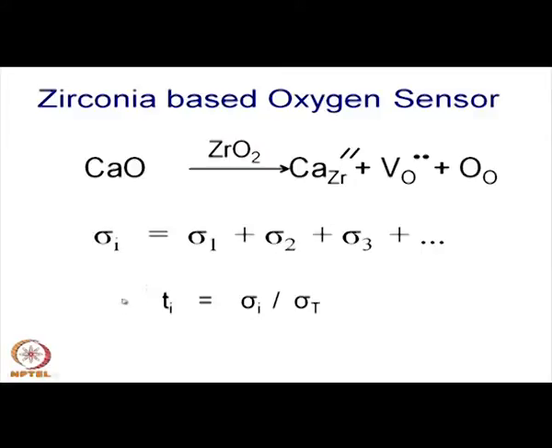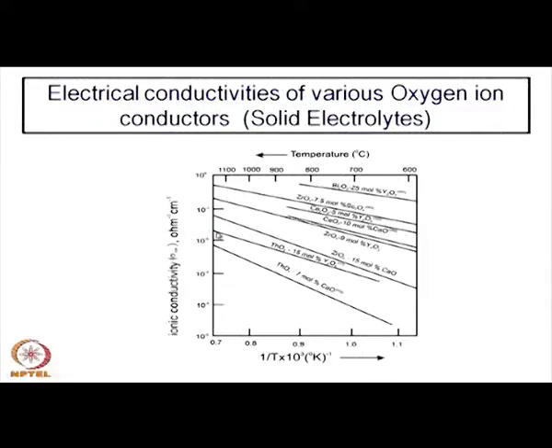So, the transference number for the oxygen ions, t_i equals sigma_i by sigma_T, that is, the conductivity arising from the oxygen ion divided by the total conductivity, is very close to 1, more than 0.99, and that is one of the requirements for using this material as an electrolyte in some of the electrochemical systems.